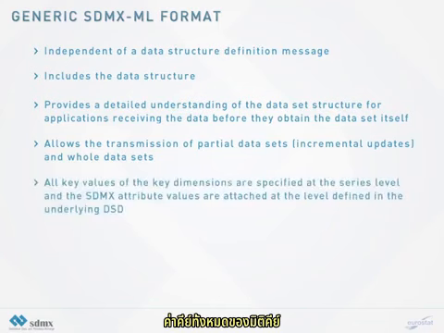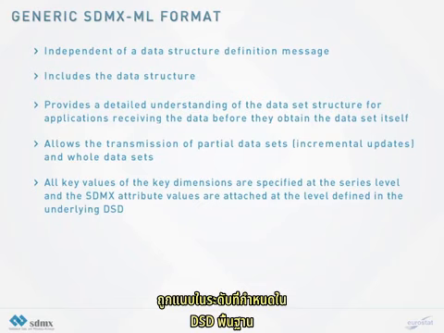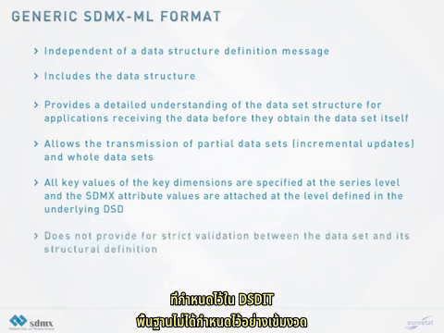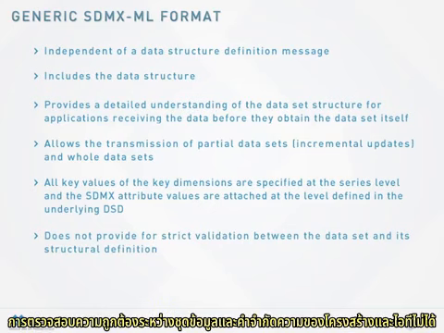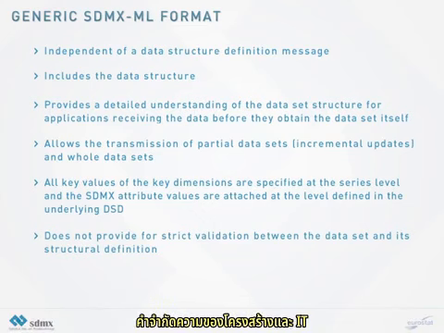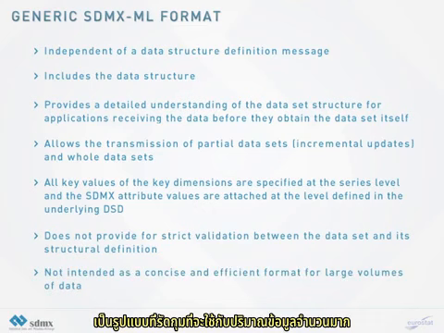All key values of the key dimensions are specified at the series level, and the SDMX attribute values are attached at a level defined in the underlying DSD. It does not provide for strict validation between the datasets and its structural definition. And it is not intended as a concise format to be used for large volumes of data.